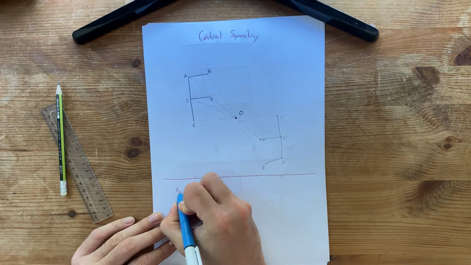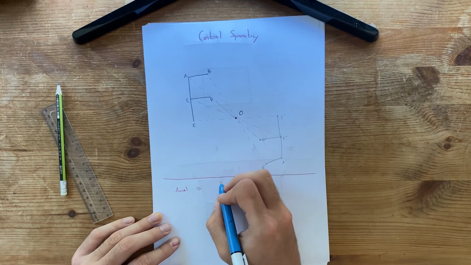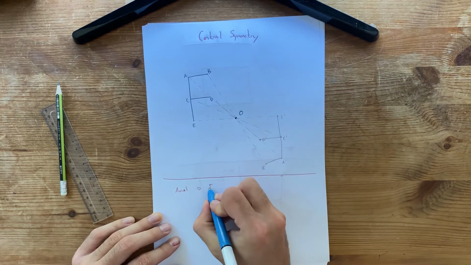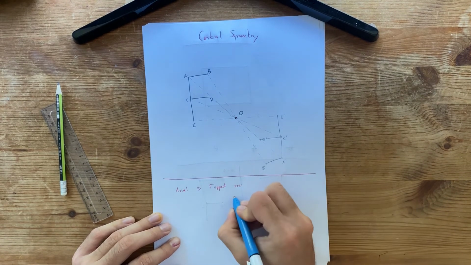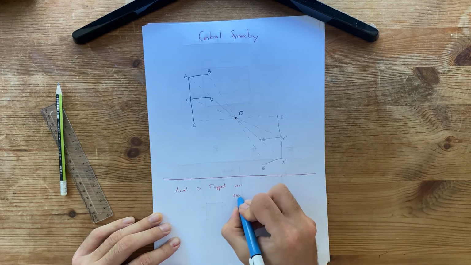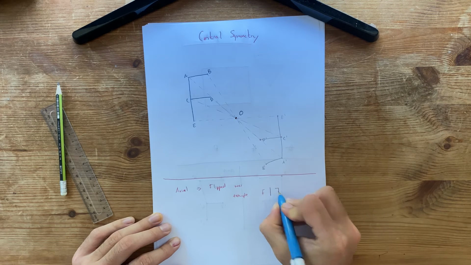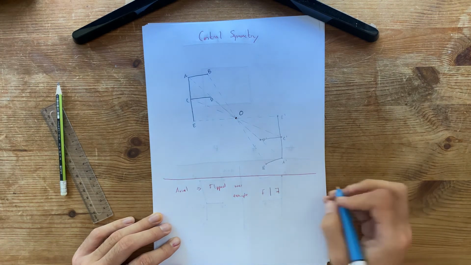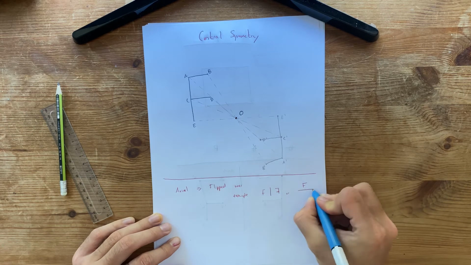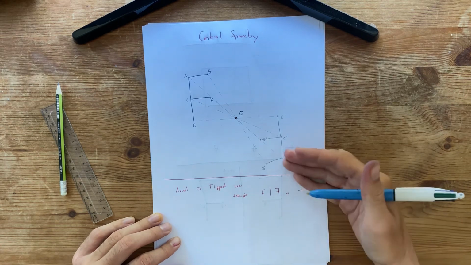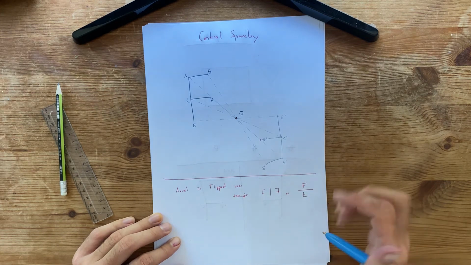So we've got axial symmetry. Axial means we'll just say flipped over. I'll give you the example of F becomes F, or remember that we can have it the other way. We can have it over here, and if we were to flip that down here, we'd end up with this. It's like a mirror.